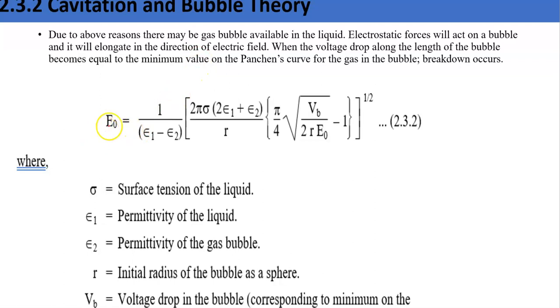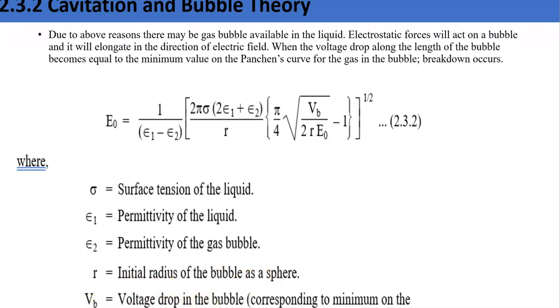Okay, so see this, what will be the force? This will depend on the permittivity of the liquid and the permittivity of the bubble. Then sigma is the surface tension of the liquid, of course, because we have considered that the gas molecule will overcome surface tension. So what is surface tension? It is very important. So sigma is also there. Then R, the radius of the bubble, is considered.